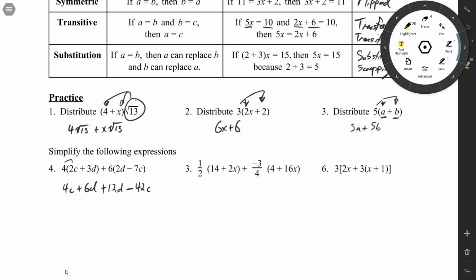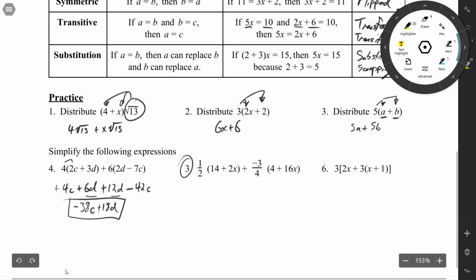And now we just need to combine like terms. So the two d's here would go together, so we would get 18d, and the positive 4c and the negative 42c would turn into negative 38c. That'd be plus 18d. So that's what we're looking for in this type of problem.